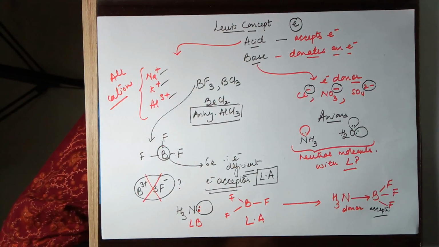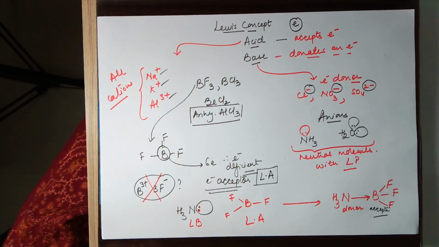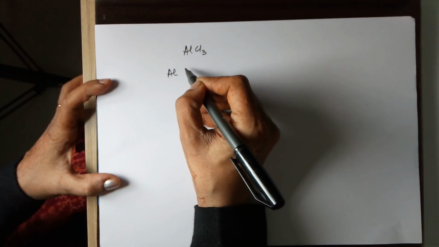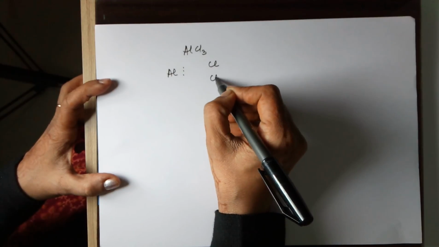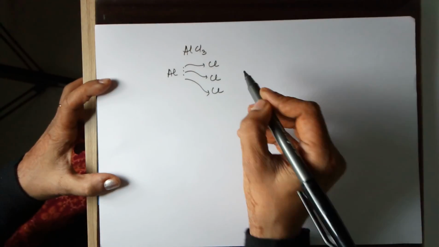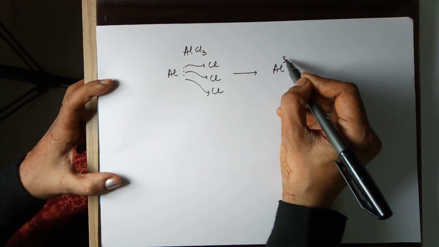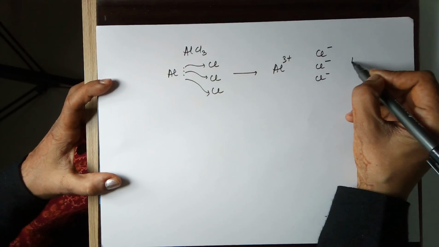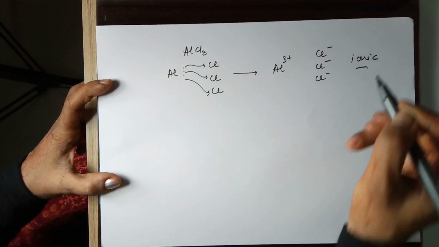Talking about the anhydrous AlCl3, as I had just mentioned, in case of an anhydrous AlCl3, AlCl3 is expected to form something like this, giving electrons to the 3 Cls, leading to Al changing into 3 positive and the 3 chloride ion formation, which is your ionic bonding.